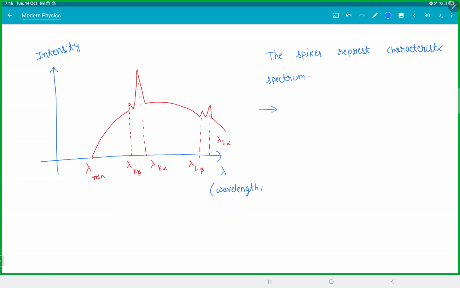Now, tell me one thing: which photon will have more energy, K beta or K alpha? K beta is a 3 to 1 transition and K alpha is a 2 to 1 transition. So technically, the energy of K beta is greater than the energy of a K alpha photon. Even though K beta has more energy, the intensity of K alpha is more.